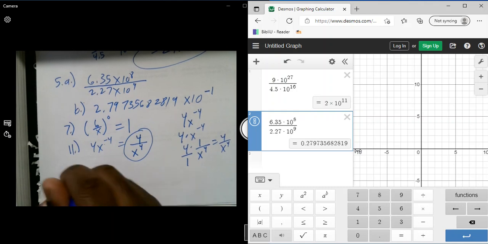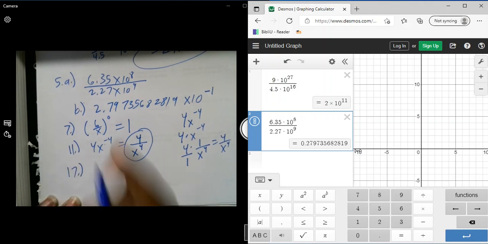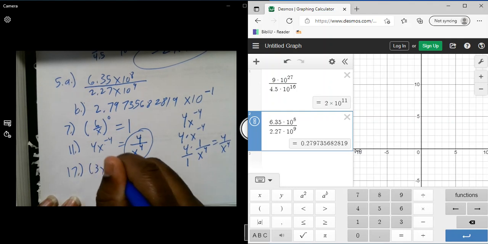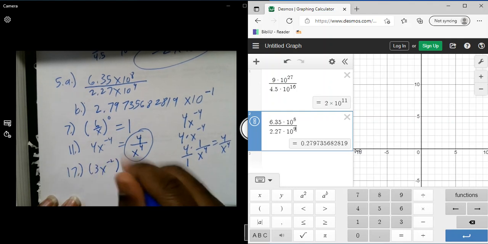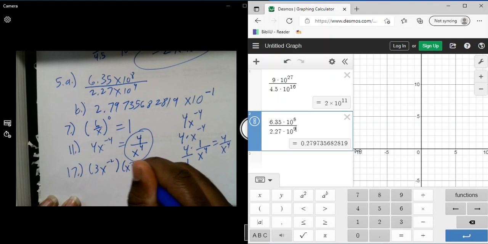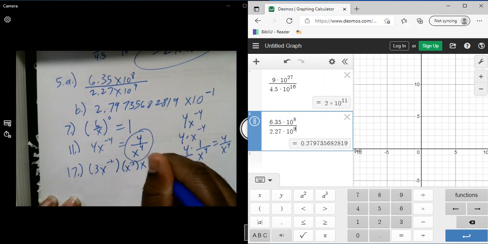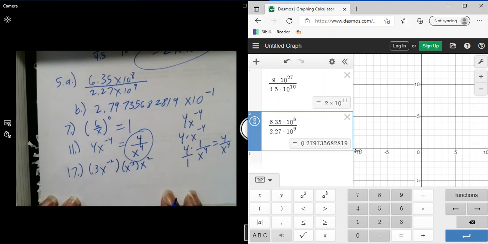Our next problem is 17. We have 3x to the -2 times x to the -3 times x squared. Now, what you notice here is we have multiplication, but if you notice, we have 3 x's that have the same base.